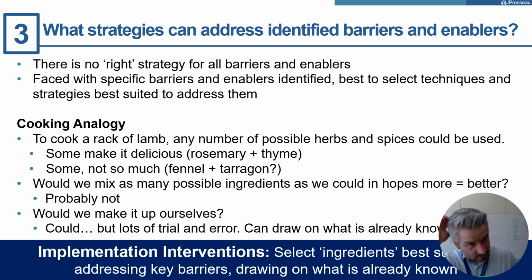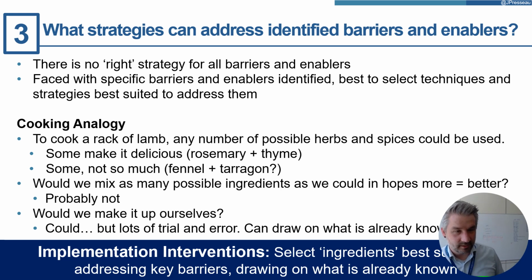And I would say, at least in my experience so far, there's not really a right strategy for all barriers and enablers, that a tailored approach might be your best bet and should be your best bet typically. Faced with specific barriers and enablers, it's best to try to select techniques best suited to address them if you're able to.